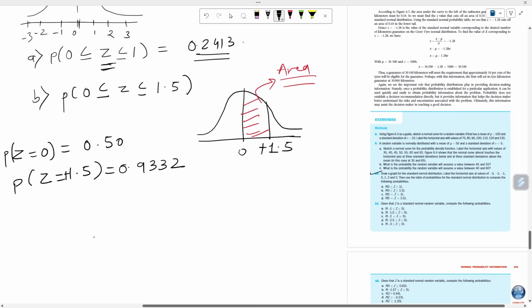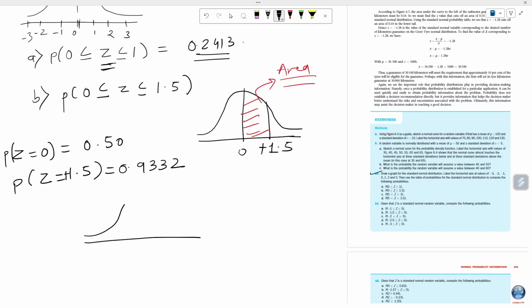With the help of the diagram we can easily calculate the probability between 0 and 1.5. Here lies our z score 0 and here lies our z score 1.5. The area till 0 is 0.5 and the area till 1.5 is 0.9332.